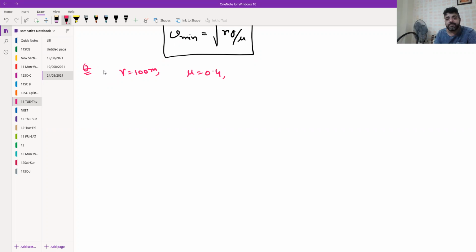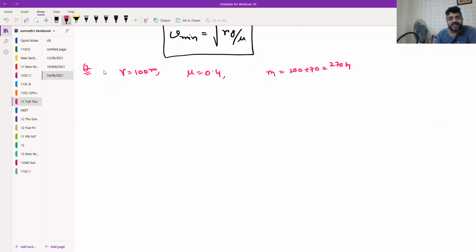The mass of the bike is 200 kg and the mass of the rider is 70 kg. The total mass is 200 plus 70, that is 270 kg. Find the minimum speed required by the motorbike to move safely in the death well.